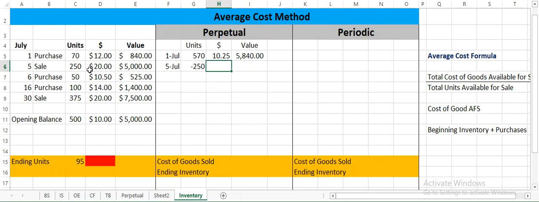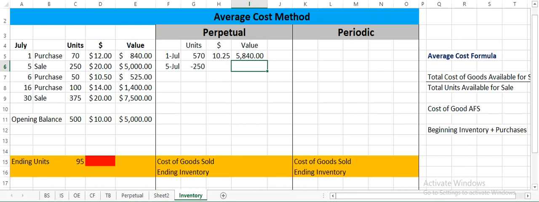So in this instance, what's the value of these 250 units? We don't know the value of these units. Keep in mind, this $20 here is the sales price, because we don't have a value for each unit that we sell. That's the purpose of the calculation. So we actually are calculating that.